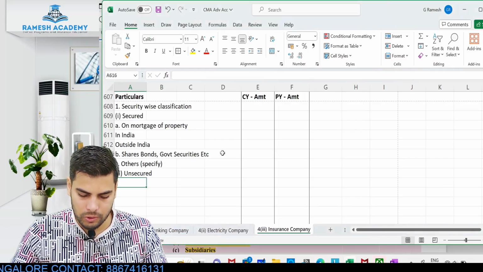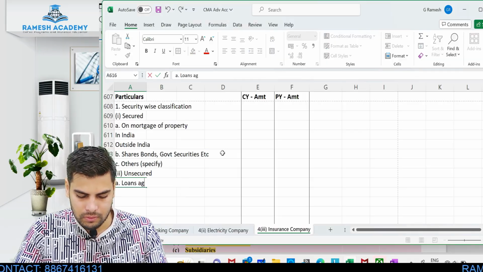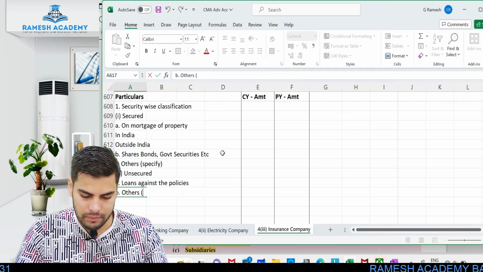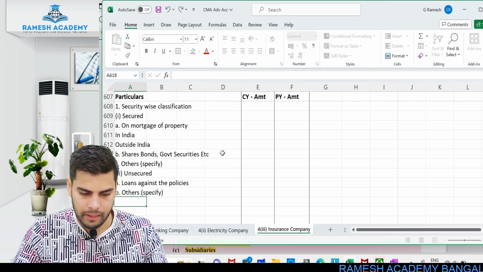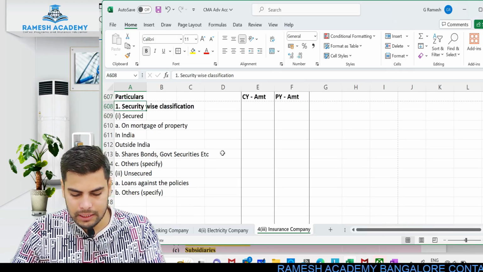Are they the other loans? You will have to just specify the same. Loans against the policies and then others, specify. Alright, so this is the first classification, that is security wise classification.